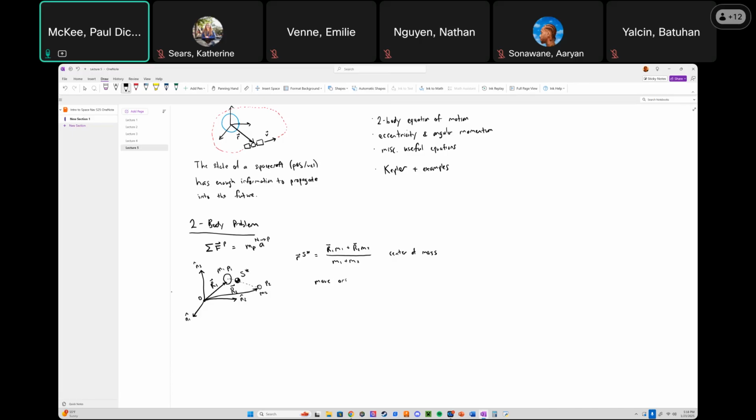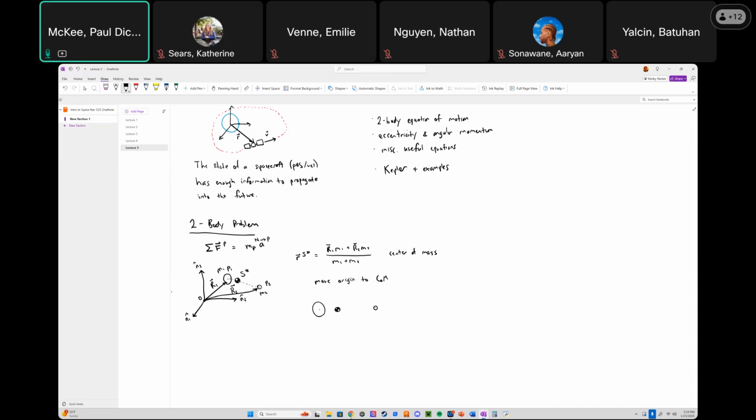So we're going to move our origin to our center of mass. Okay? And so you can think of it this way. Here is point 1, here is point 2, here is the center of mass. I'm going to try again to draw a good center of mass icon. Here we go.